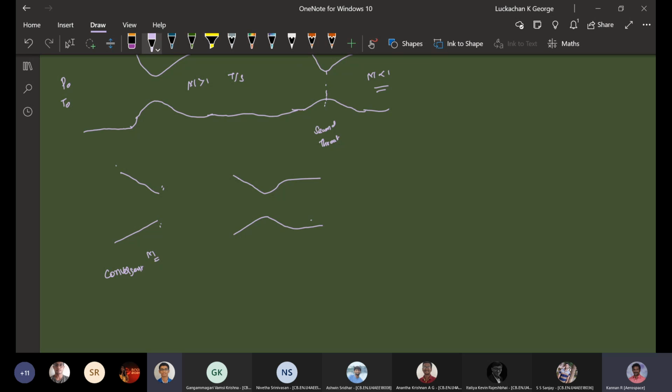Sir, in aircraft you have this weight constraint also, but here we do not have that. So if you don't have a weight constraint, automatically... but what is the cost involved in designing a diverging section?